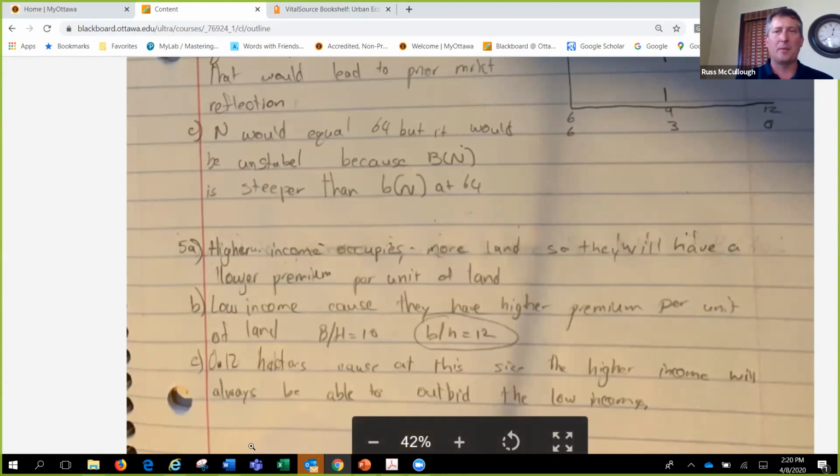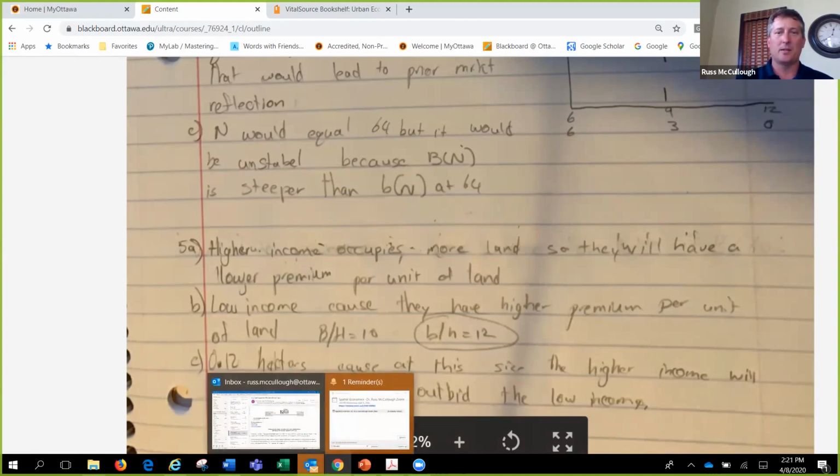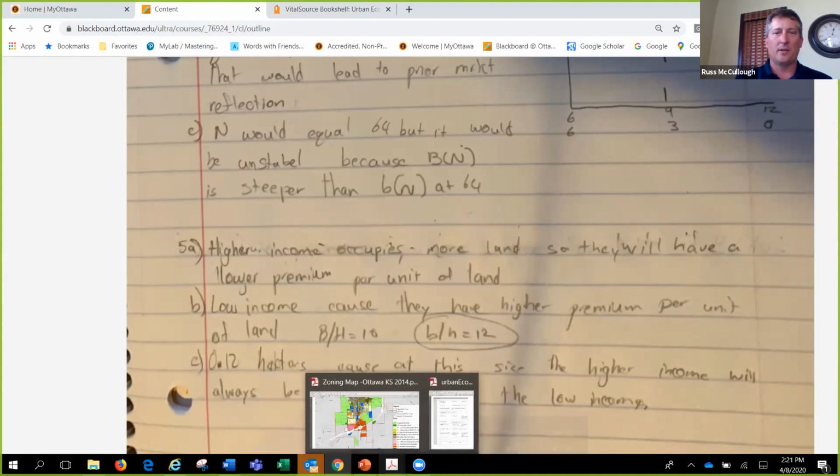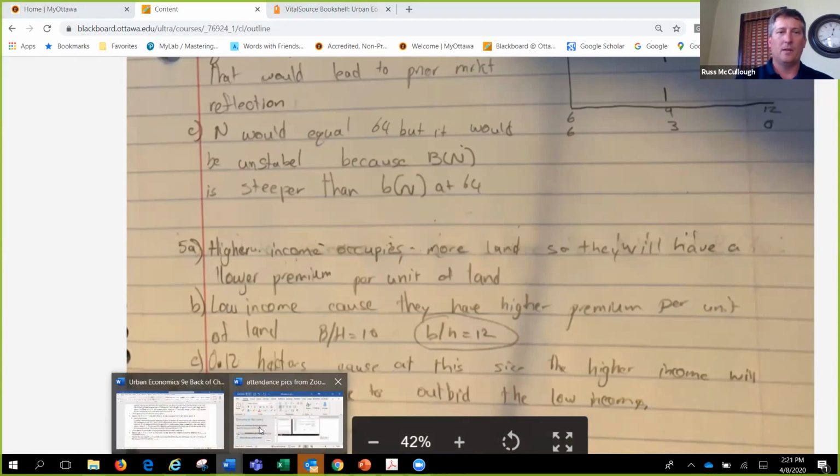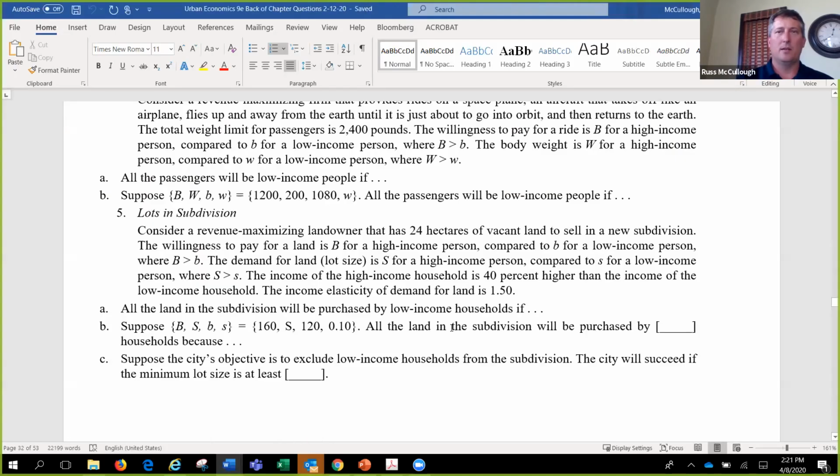That idea of the premium is important in the next chapter coming up too, so we do want to be aware of what that means. And so here's the problem again. B over H versus little h.